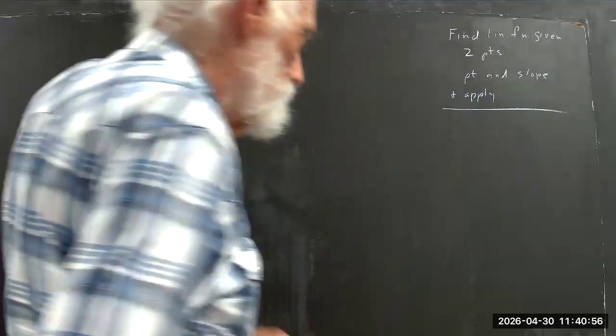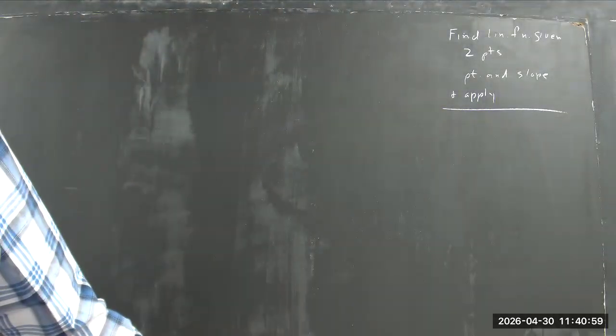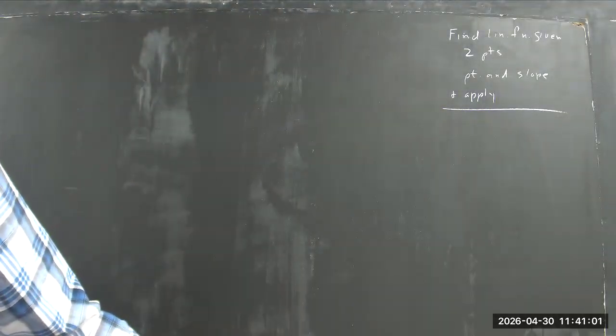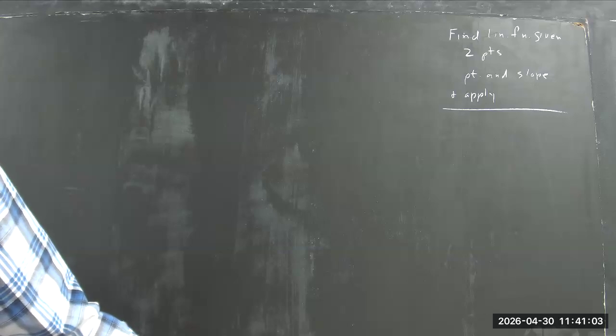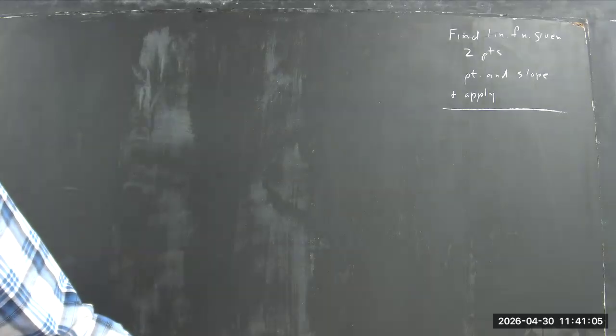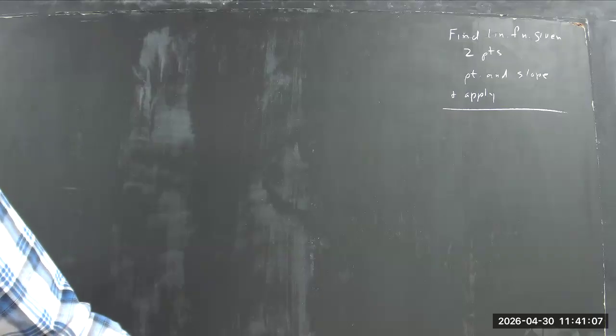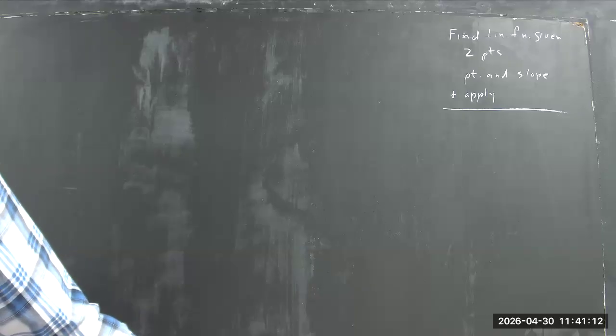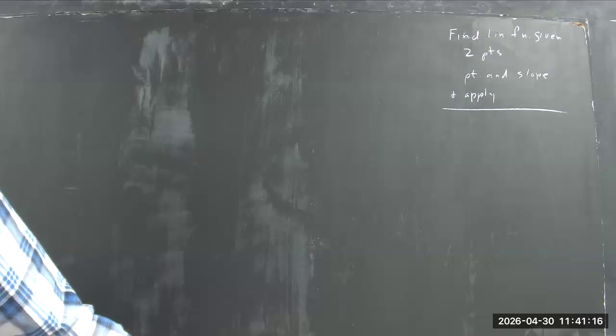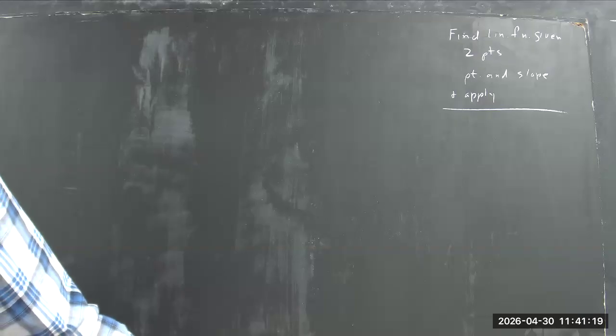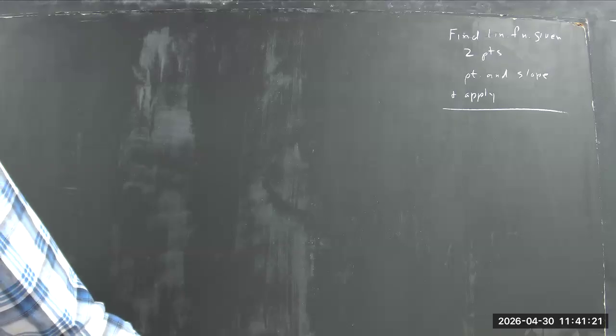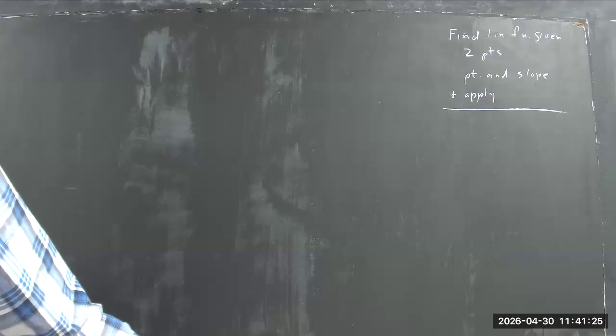And apply. Okay. And that means if a house is worth $200,000 in 2024, or was worth in 2024, and it's worth $450,000 in 2030, then if you assume a linear model, what's it worth right now?